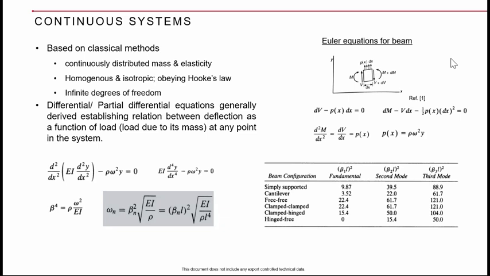So it's not that you always have to rely on FE methods, or always go with FE analysis for each and every thing. But for this kind of beams or continuous systems, there are well documented empirical relations.